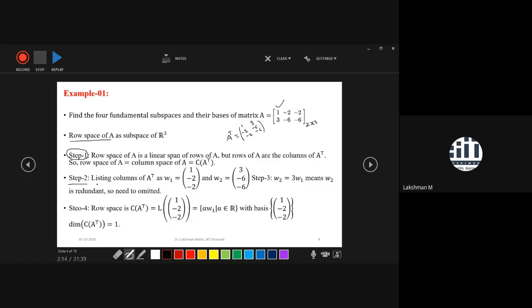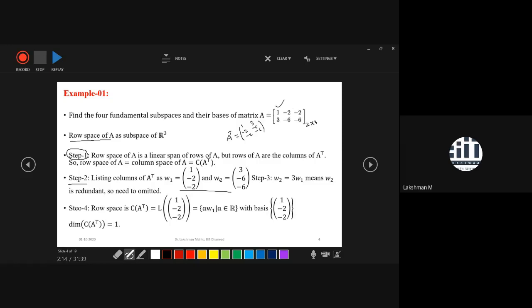So in the second step, we list the columns of A transpose in proper order, and if by inspection or trial and error we find any redundant vector or column in the listing, then to get the column space of A transpose we have to omit it from the list.